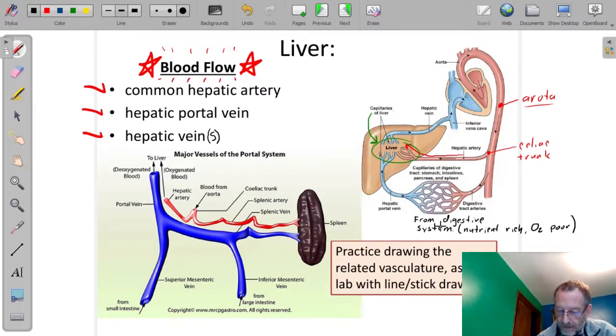And then the blood leaves those capillaries to this hepatic portal vein and goes back into the liver again. So again, if you can't read that small print here, this is the hepatic portal vein.